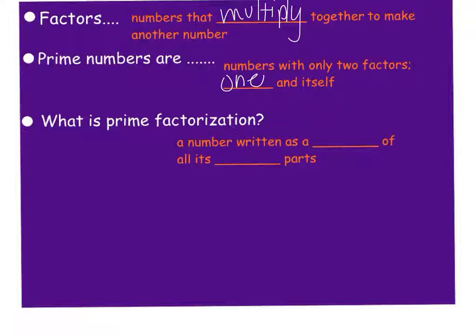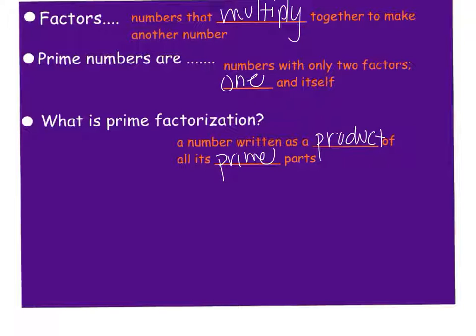And then we want to talk in this lesson about something called prime factorization. Prime factorization is when a number is written as a product of all of its prime parts. We're going to unpack that definition as we go through this video.